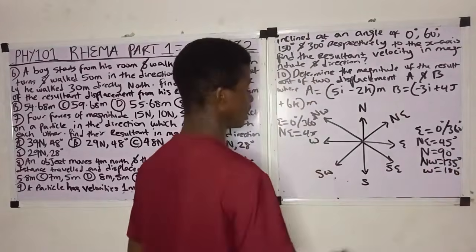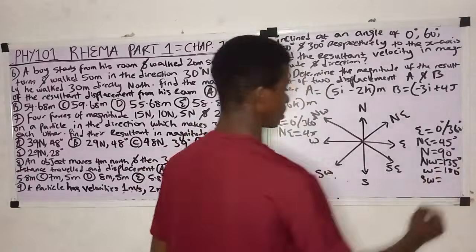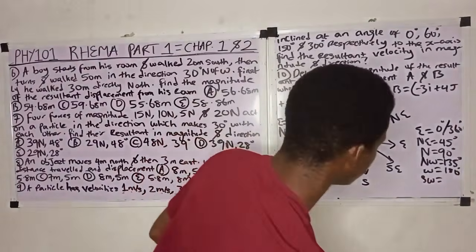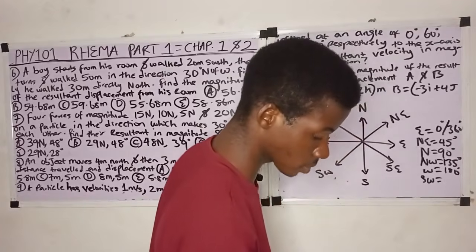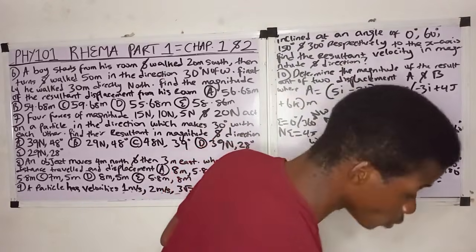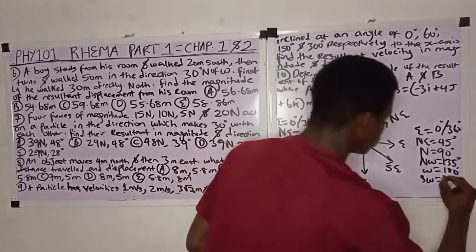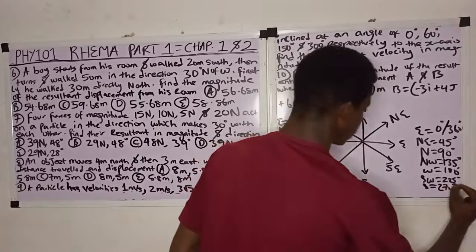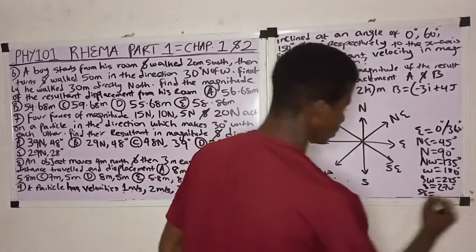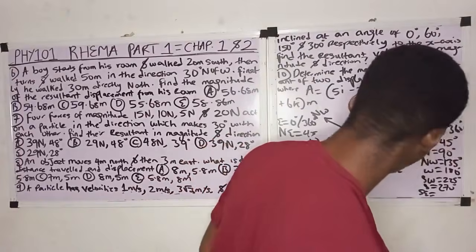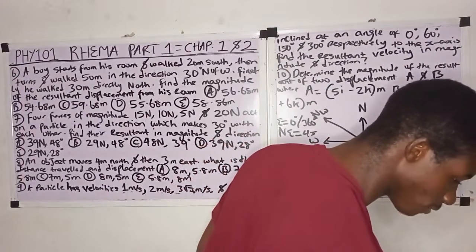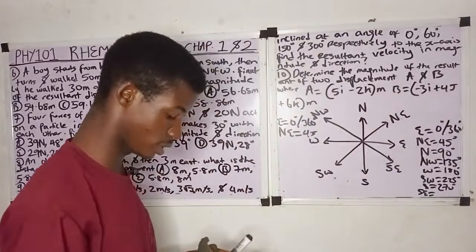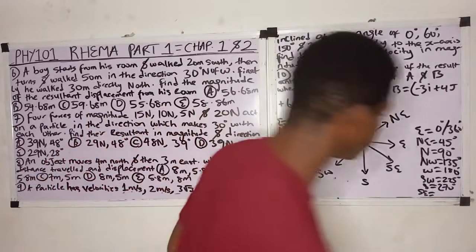West is 180 degrees. Southwest is 180 plus 45, which is 225 degrees. South is 270 degrees. Southeast is 270 plus 45, which is 315 degrees.